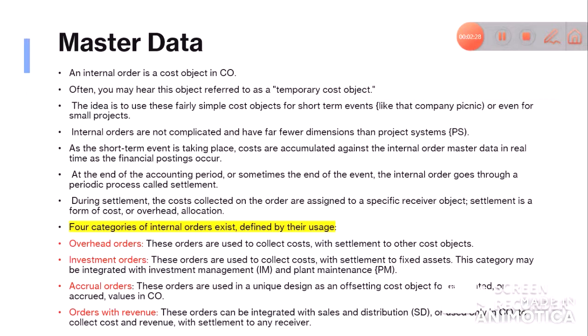At the end of the accounting period or sometimes the end of the event, the internal order goes through the periodic process called settlement. It can be done at the end of the accounting period or at the end of the event. So during settlement, what will happen? The costs collected on the order are assigned to a specific receiver object. Settlement is a form of cost or overhead allocation.